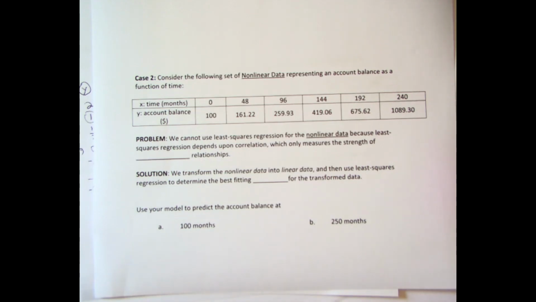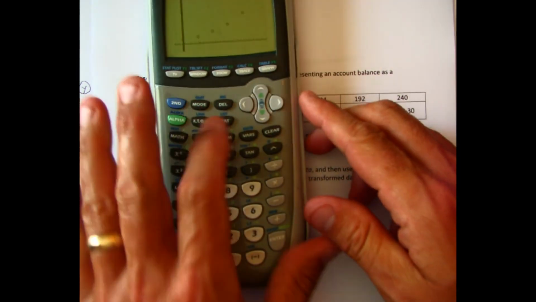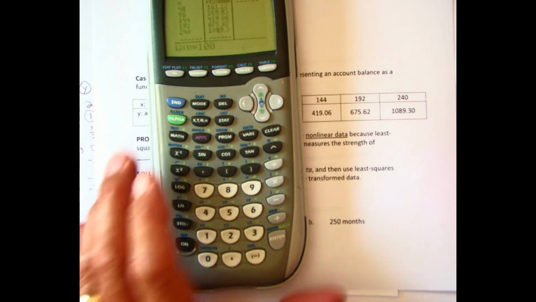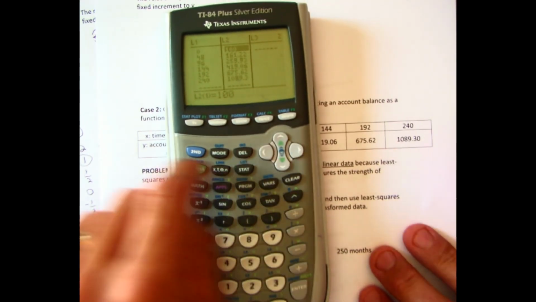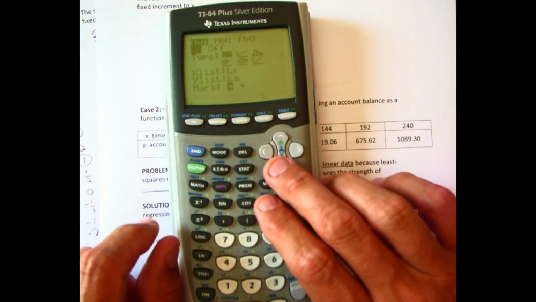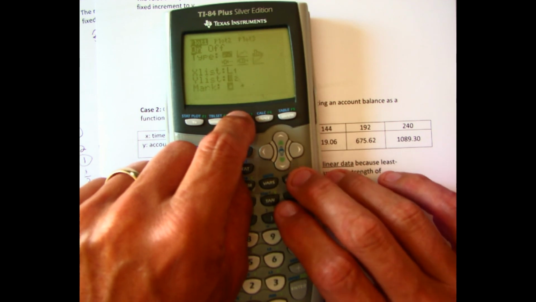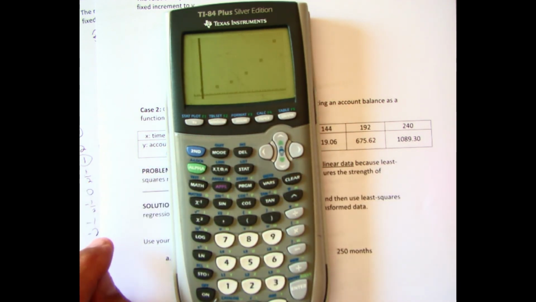Alright, so let's look at this case now. If we put this into the calculator, and we do time in months and then our account value, and we go to stat plot and turn it on and do L1 versus L2, and then do zoom 9, we get a curved relationship.